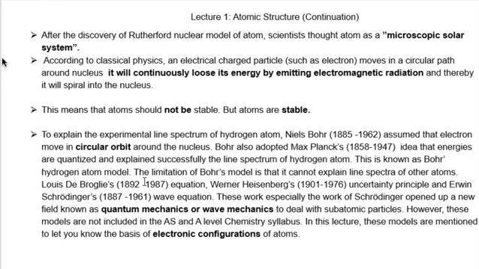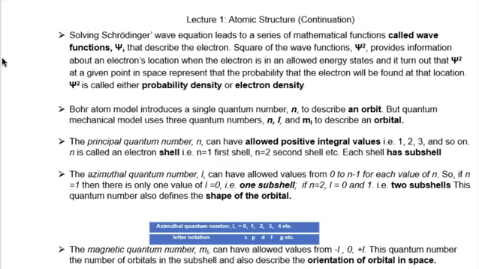So the de Broglie equation, Heisenberg uncertainty principle, Schrodinger wave equation, these works, especially the work of Schrodinger, opened a new field of science, which we call quantum mechanics or wave mechanics, which deals with subatomic particles. Then we go to the next slide, showing, as I said, the Schrodinger wave equation.